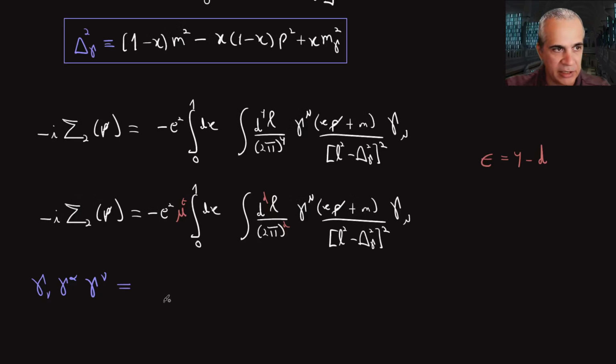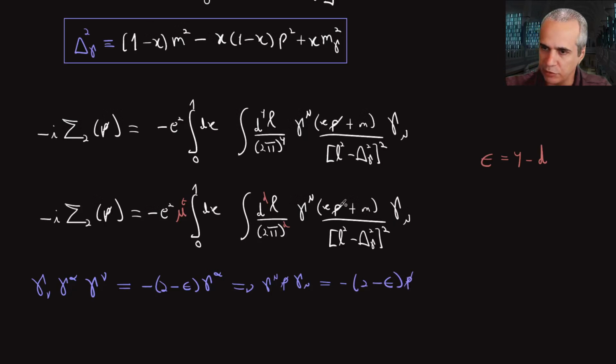You have a relation that in 4 dimensions is just minus 2 gamma alpha, right? But in d dimensions that gets changed to minus 2 minus epsilon gamma alpha, right? So that gamma mu p slash gamma mu, which we have right here, will become just minus 2 minus epsilon p slash, right? I'll have to substitute here.